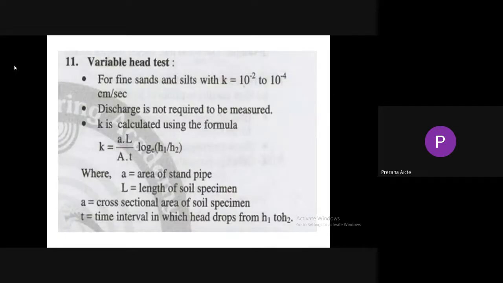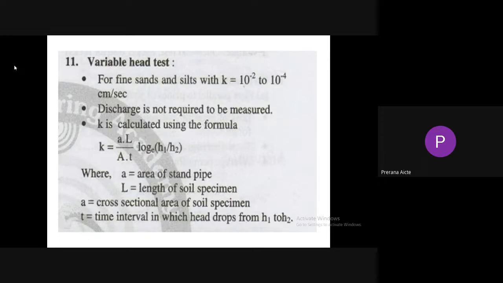The second one is the variable head test. The variable head or falling head test is used for fine grained soils, like fine sands and silts with K equal to 10 power minus 2 to 10 power minus 1 centimeter per second. The discharge is not required to be measured in the variable head test.